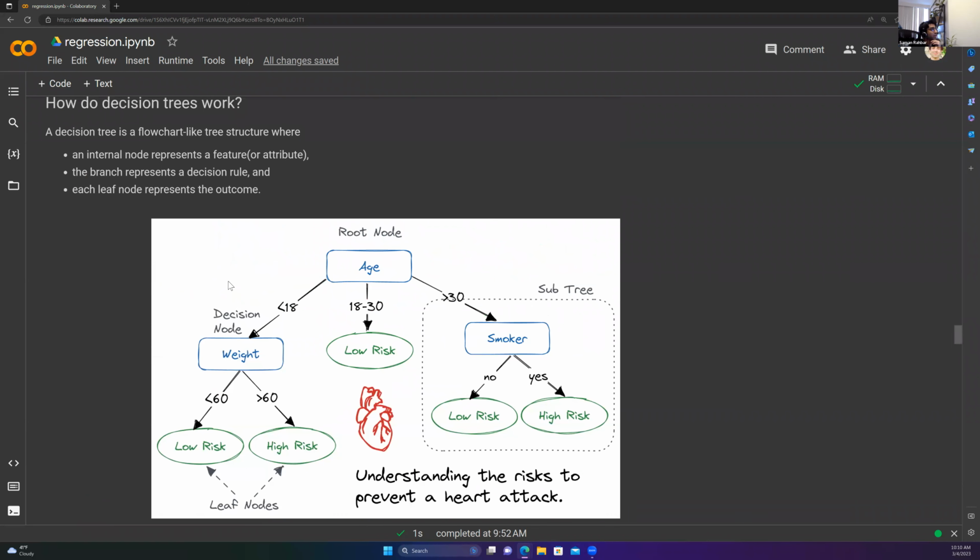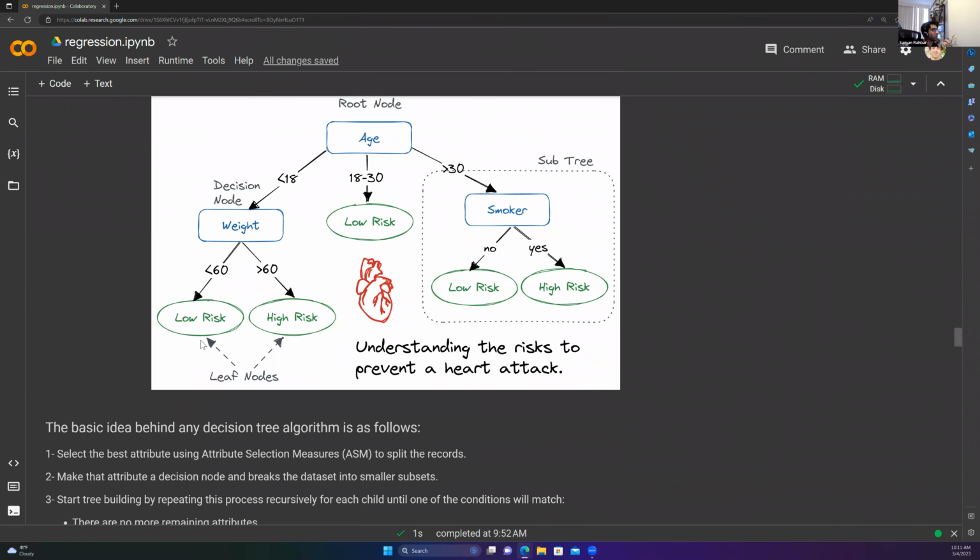They are the outcome, the label or result that you want to predict. So again, in the house price example, the leaf node should be the price. All the other nodes should be attributes of your CSV file, of your data frame, like square feet, number of rooms, etc.